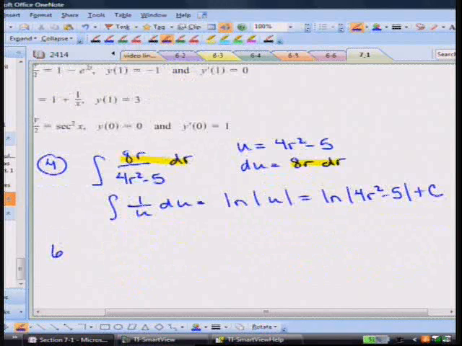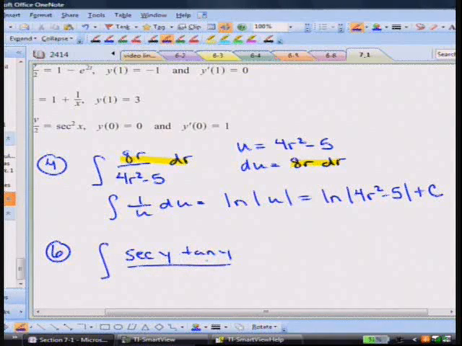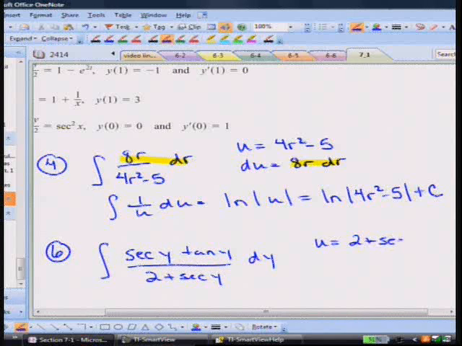All right, let's try number 6. It says the integral of secant y tangent y over 2 plus secant y dy. And again, you'll probably get sort of a pattern here. What's your u going to be? 2 plus secant y.